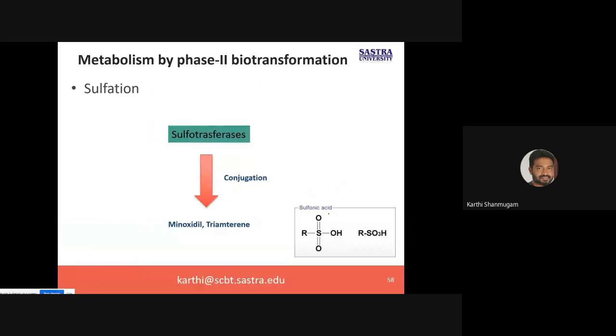So the body has a lot of sulfonic acid. We have an enzyme called sulfotransferases, which mainly participates in the conjugation reaction in phase 2. It takes up the drug molecule, and with the help of this sulfotransferase, this enzyme attaches the sulfonic acid.